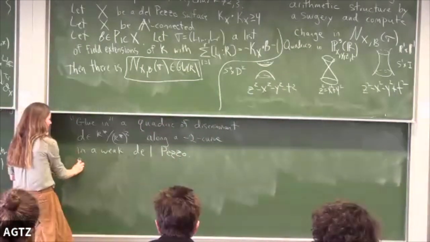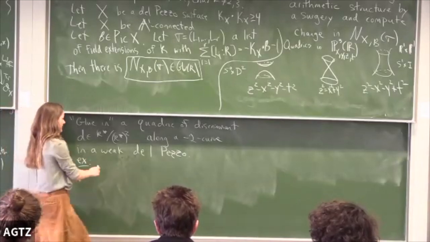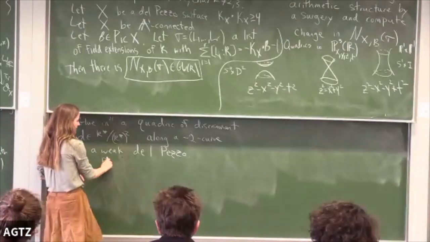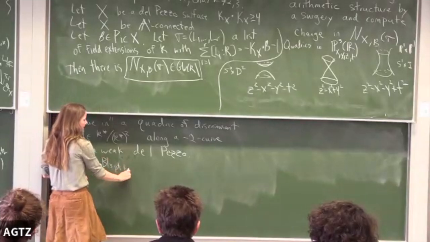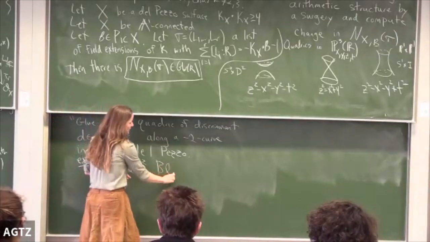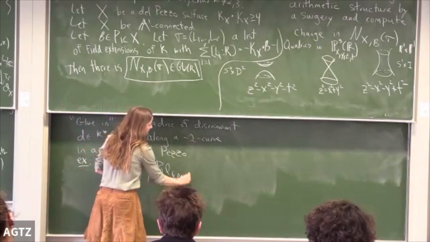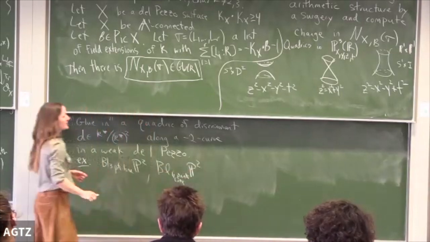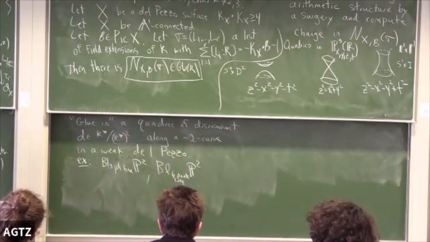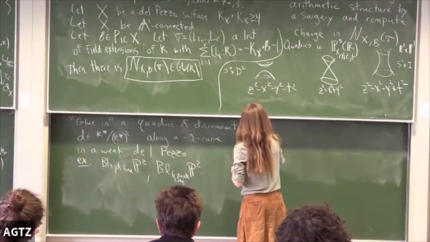For example, a weak del Pezzo is if you blow up 3 points on a line in P2, and you could twist that, or you could blow up 6 points on a conic in P2. And then this is just algebraic.